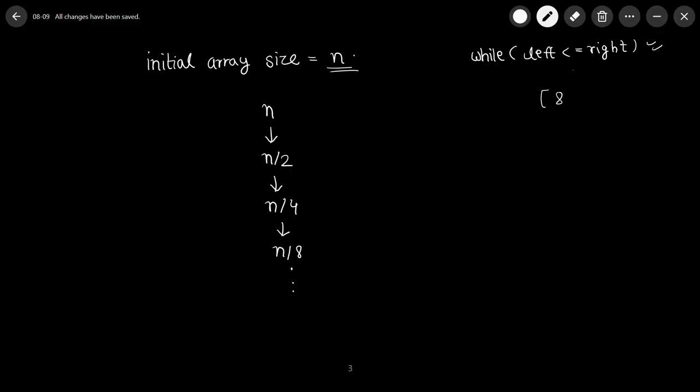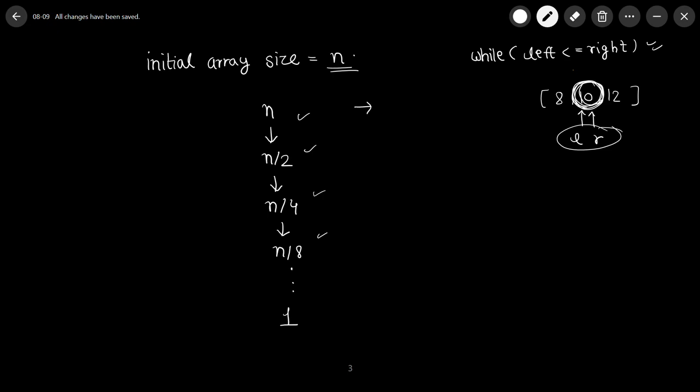By converging, I mean both point to the same value. That means our array size has become 1 at the end. Then we would stop. So we keep halving until we get 1.